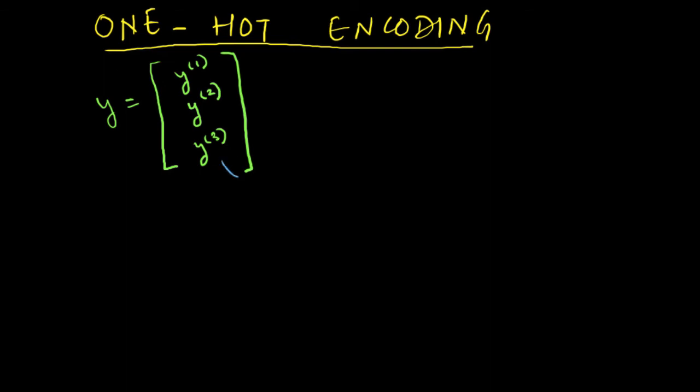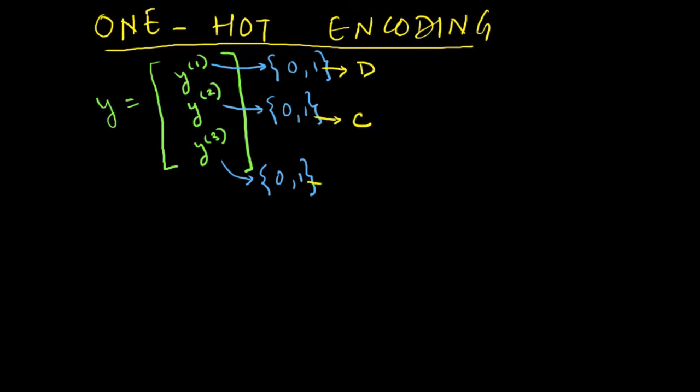So this can be 0 or 1, this can be 0 or 1, and this again can be 0 or 1. So if the first one is equal to 1, then that represents that it is a dog. If this is 1, this represents it's a cat, and if this is 1, then it represents a mouse.